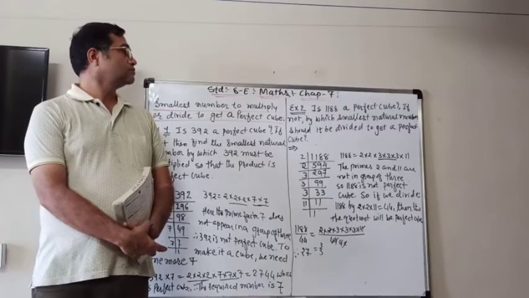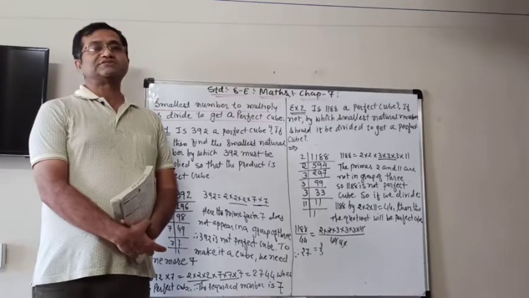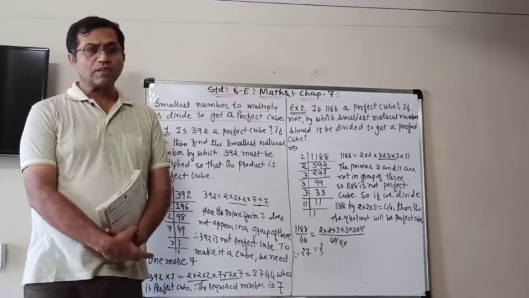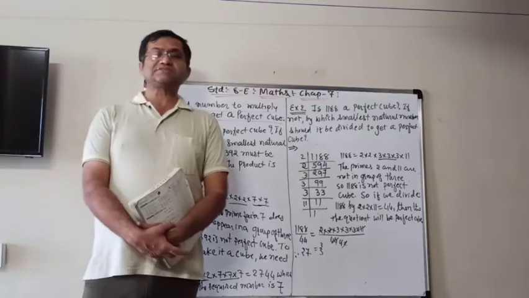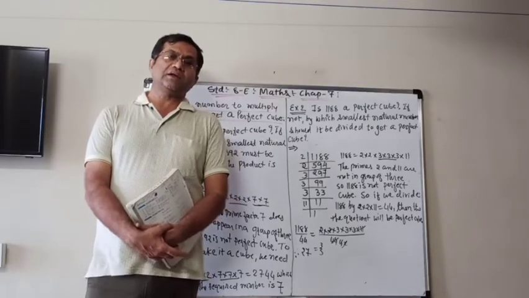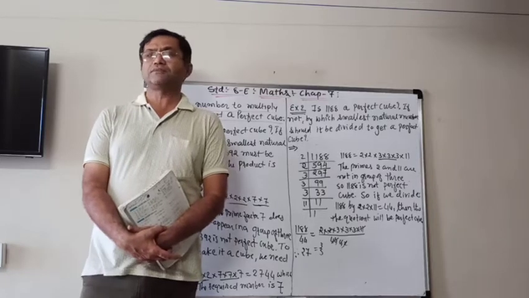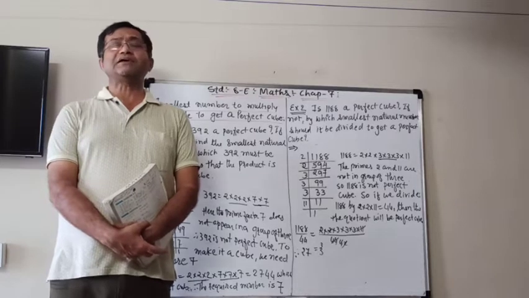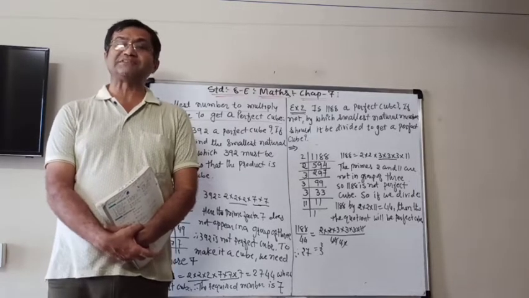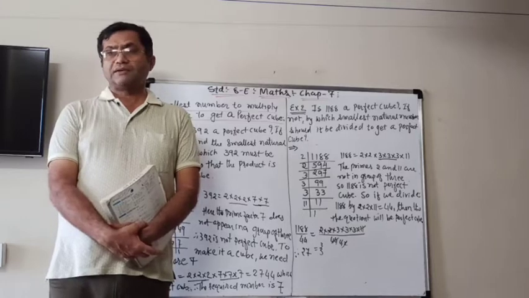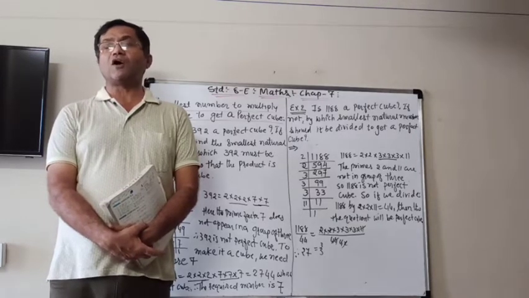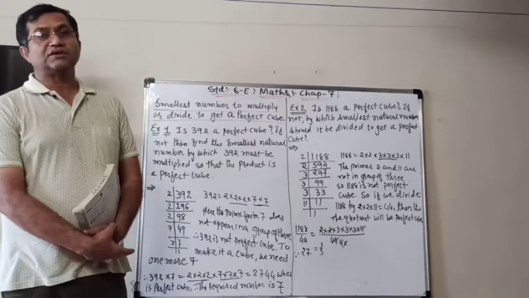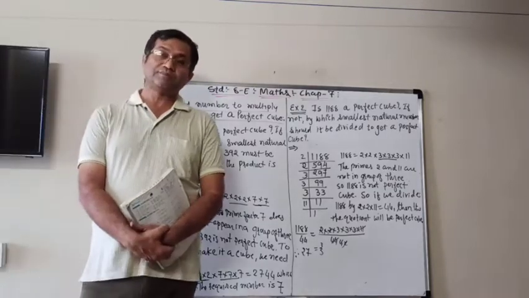Standard 8, chapter number 7 in maths, cubes and cube roots. We discussed in the previous videos that when a number is multiplied by itself 3 times, then we get the cube of that number, and that product is known as a perfect cube.